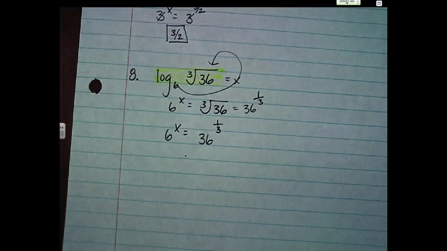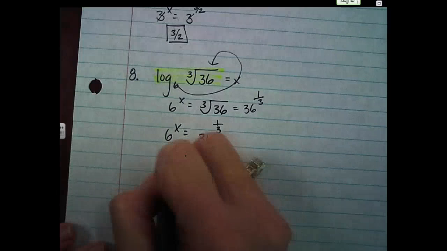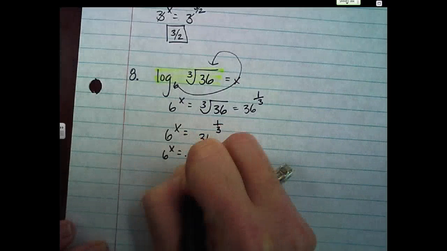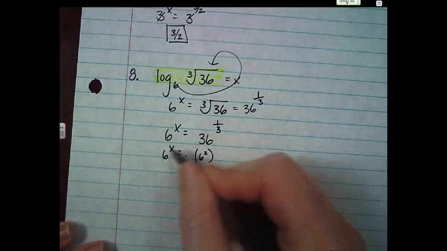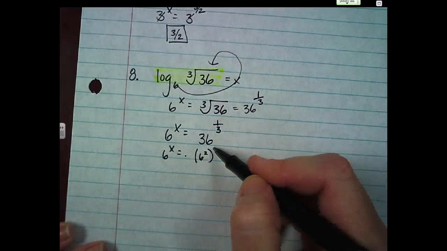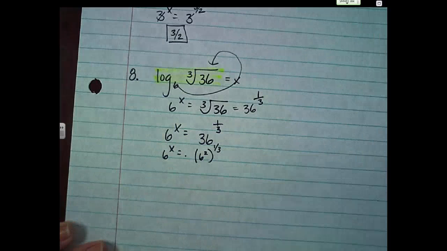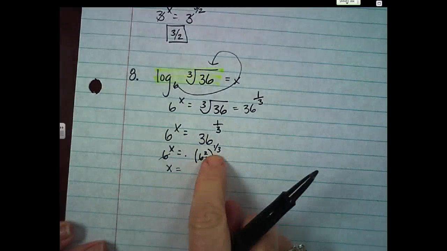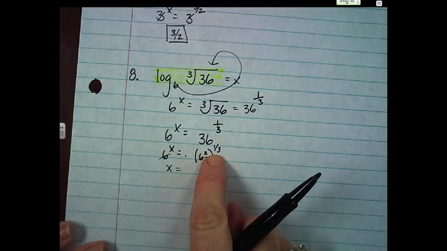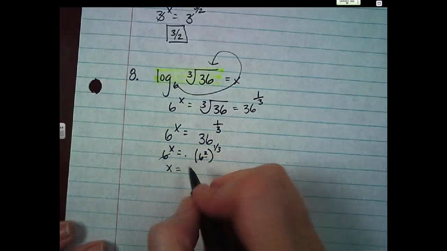What is 36 the same as? 6 squared. So 6 to the x is the same as 6 squared, to the 1/3. What are we not going to forget? The answer's not 2. What are we not going to forget up there? 1/3. So the bases match, so they go away. On the left side I have x. What do I have up here on the right side? Raised to a power means you multiply. So 2 times 1/3 is 2/3.